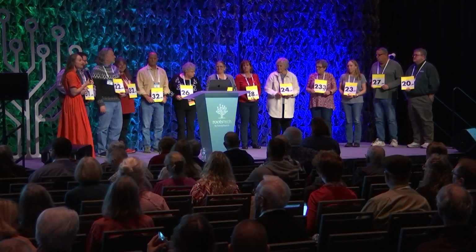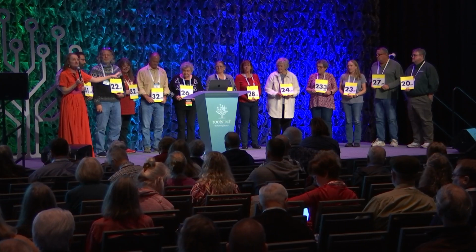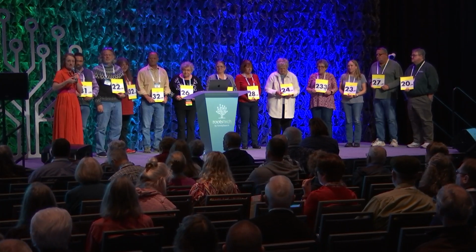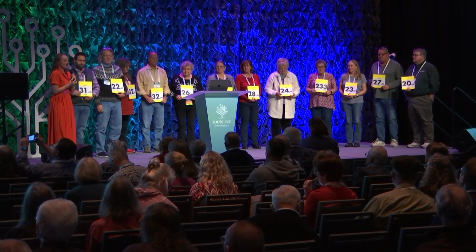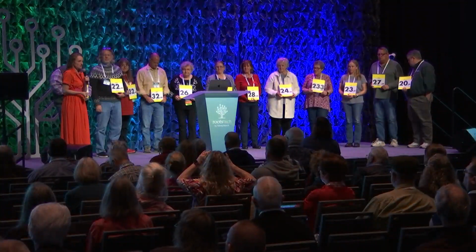Because we used a best known match, we know that all of these people are somehow related to Roxy and her husband. So that means we've got his, hers, and theirs. Now, are the theirs going to help us? No, right? They might help us gather more matches later, but right now we don't need the theirs.